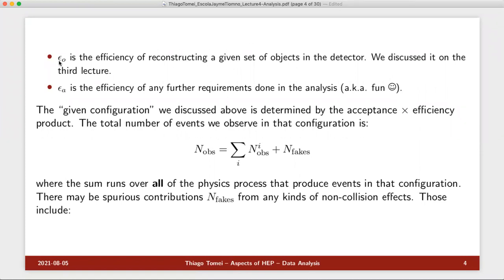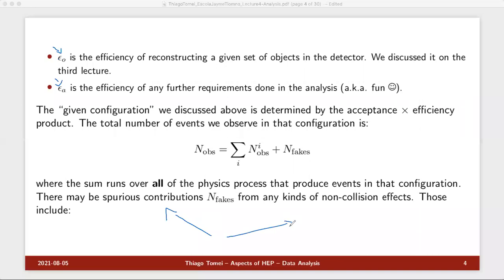And epsilon A is the efficiency of any further requirements that you do in the analysis. For instance, let's say that you are interested in events where two electrons are very well separated. Why is that?